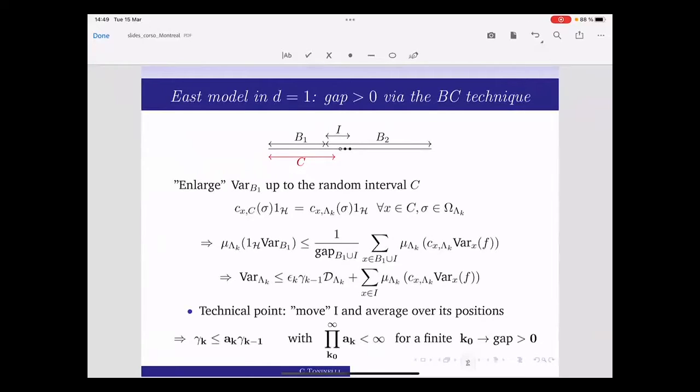And anyway, the point is that on any finite volume, the spectral gap is strictly positive. So the relaxation time is finite. So if I just want to establish that the relaxation time is finite in infinite volume, I can stop my iteration on any point.